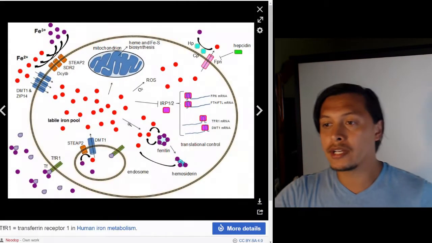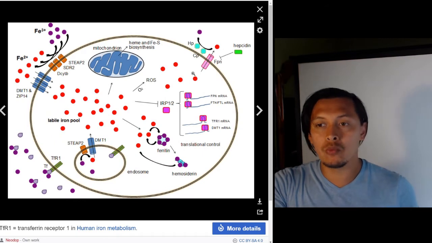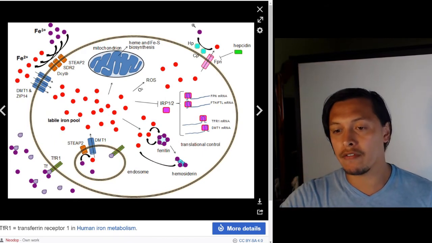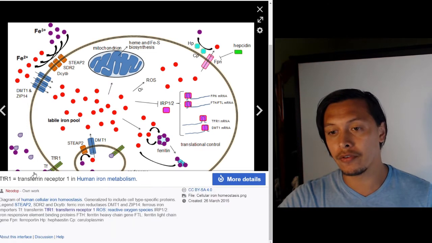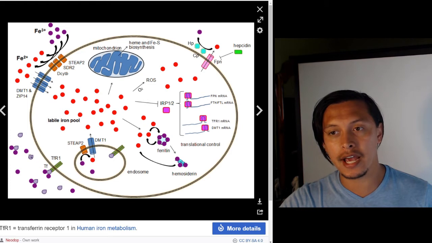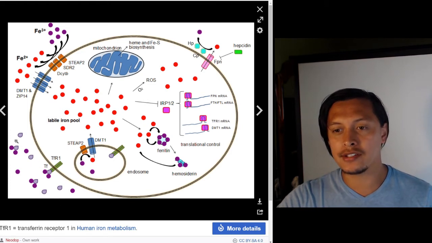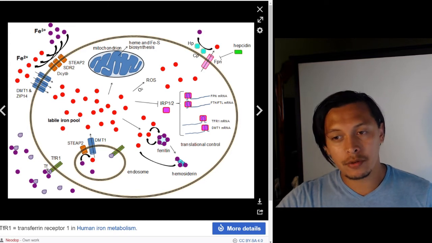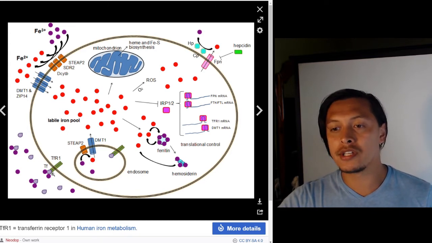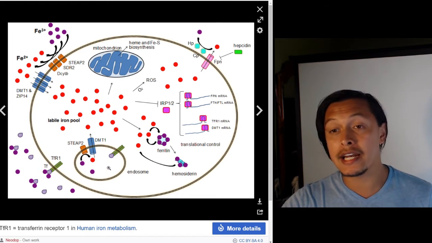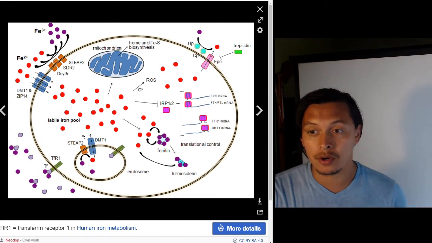So here is a diagram of what we're dealing with. Here we have our transferrin, TF. This is our transferrin that is floating on the outside of the cell, and it has these irons bound to it. This transferrin receptor will take this transferrin and then cause endocytosis. So this would be an endosome after this endocytosis has happened.